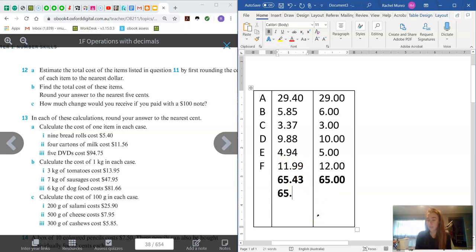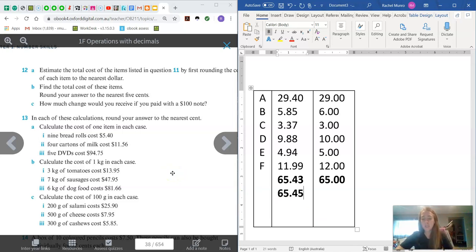Which one is closer? Hopefully you've all seen that we are closer to 45, so we only need to add 44, 45. That's 2. However, if we take off to go back to 40, we need to take off 43, 42, 41. That's 3. So we're actually closer to 45. So it'll be $65.45.